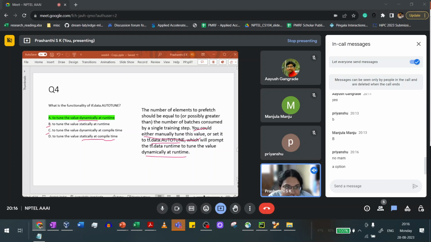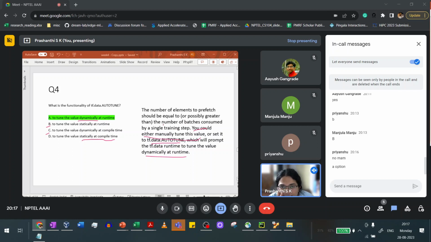The option is not clear. Okay, let me see if I can find an example quickly. Let me try to come up with an example.